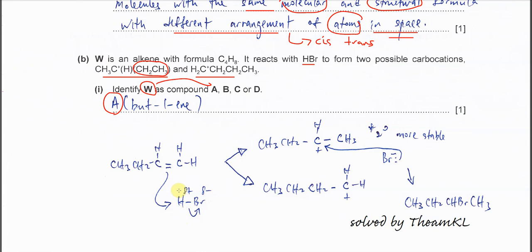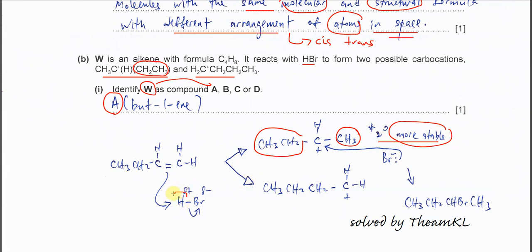As I told you just now, in order to form the major product, the H will form a new bond with this carbon, because this carbon has more hydrogens. Then it will form this carbocation. This carbocation has two alkyl groups, so it's a secondary carbocation, which is more stable than primary. Where is the primary?